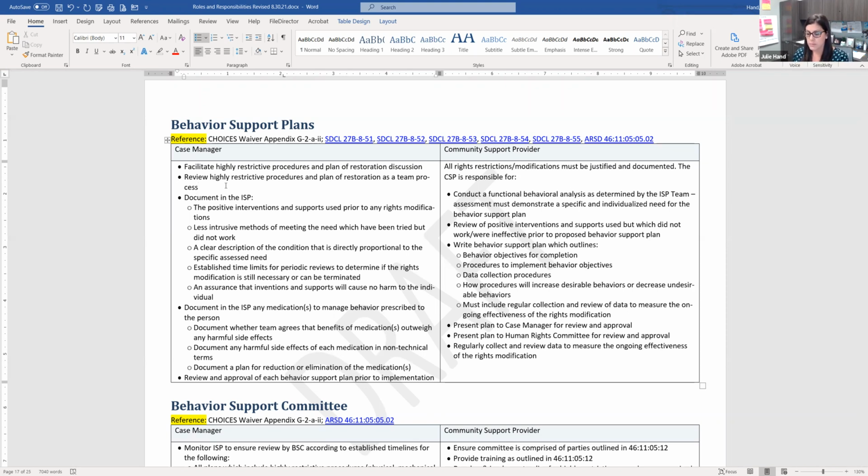So we know that there are BSPs that are more supportive and there's not any restrictive measure being implemented. So are there any suggestions for how we address that in this section?